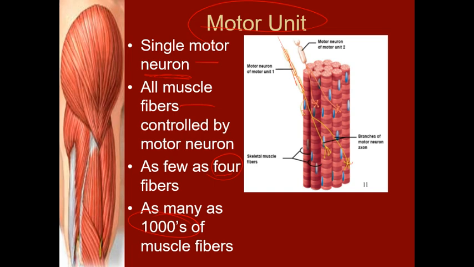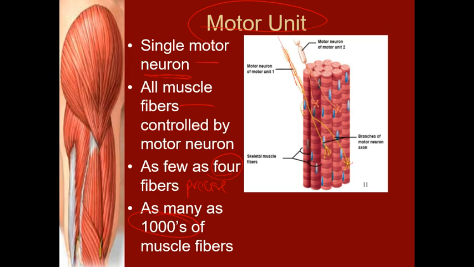We don't want a whole bunch of information coming in all at once to tell these muscles, you guys all need to contract. We want just a few muscle cells to do their job to get that very distinct motion. So for precise movements, you want very few muscle cells to actually be controlled at once.